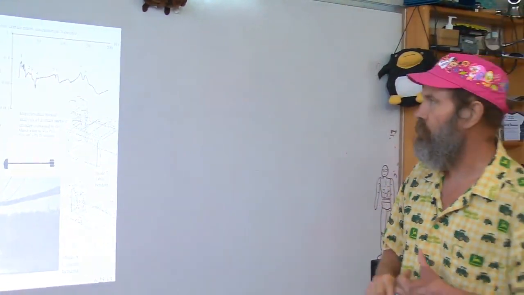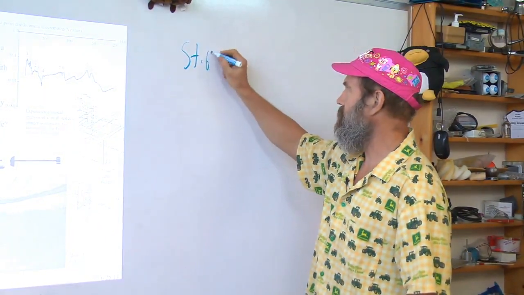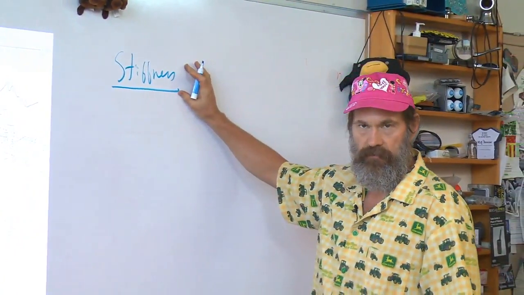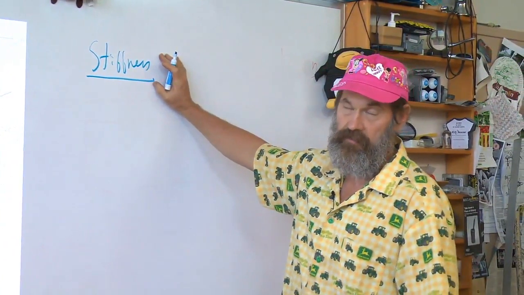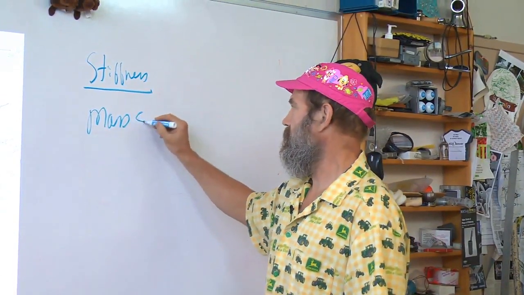To the very first order, we're going to be aware of the stiffness of the structure, which you can estimate with first-order calculations and/or finite element analysis, and of the mass of the system.